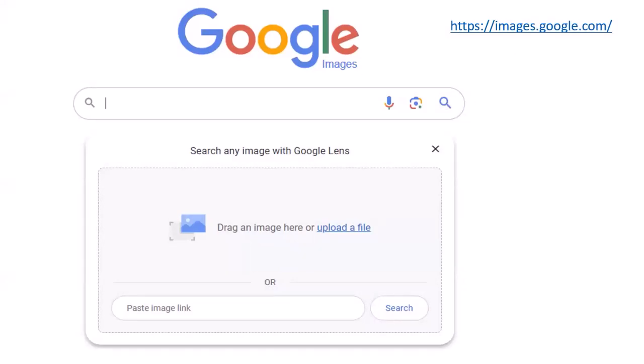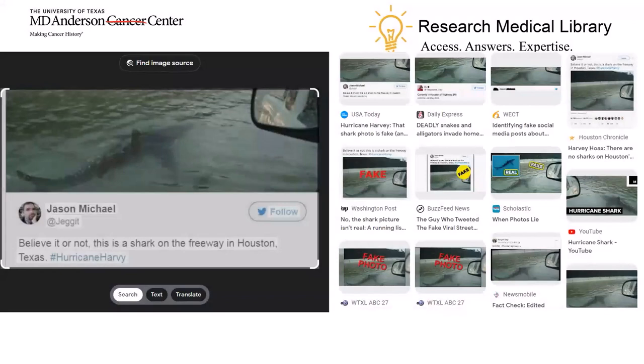If you just go to Google Images and paste in the URL, it will show you every single website that has used that same image. This can help most of the time. You can see that this particular shark swimming down the freeway was used on dozens and dozens of different websites going back 10 years. So you know it's fake.